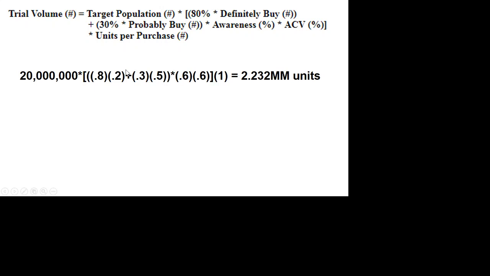Multiply that times the given awareness, the given all commodity volume. Multiply that times the number of units per purchase and the total population, and that gives us this trial volume total figure. So in the previous couple screens, we broke it down one at a time. So there it is, if you want to do it all in one fell swoop.